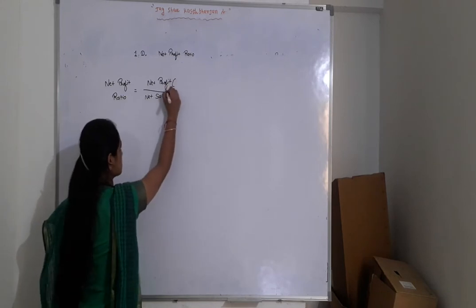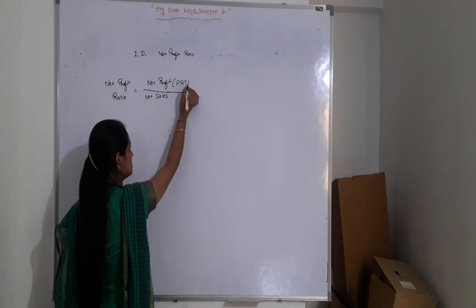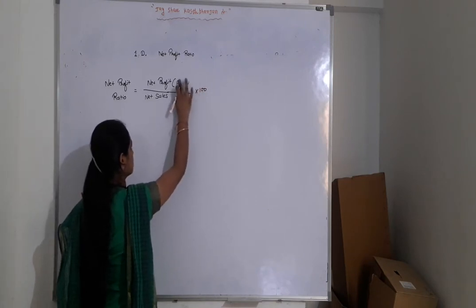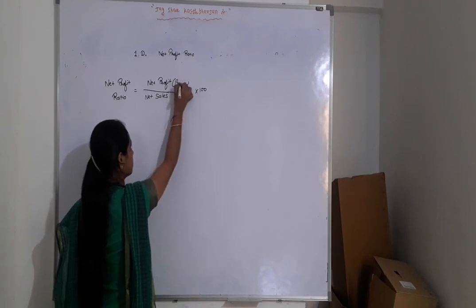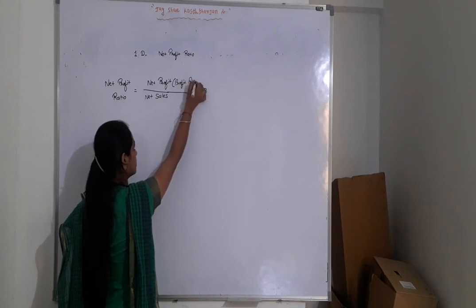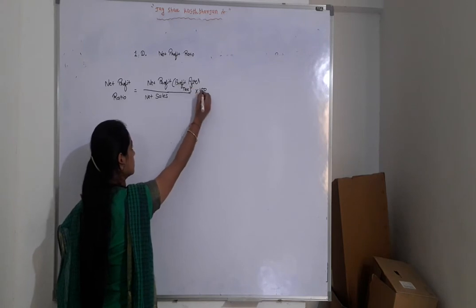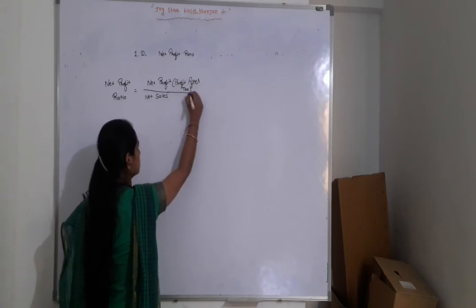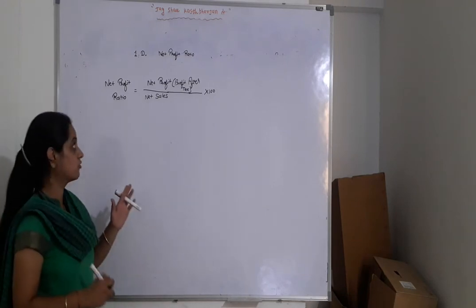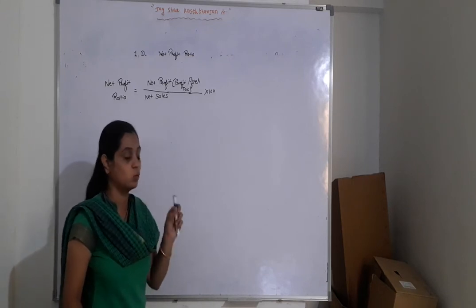You can use net profit or PAT, which means profit after tax. Profit after tax into 100.